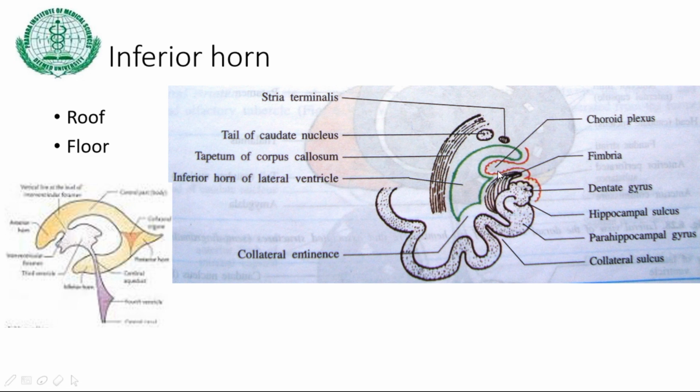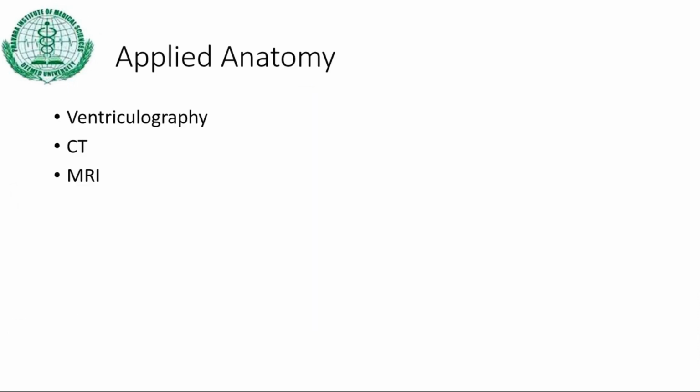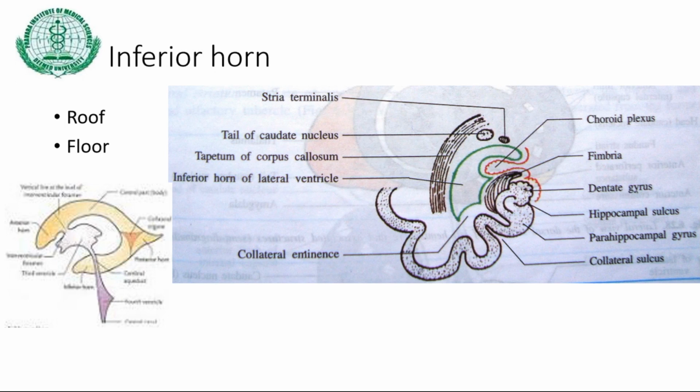Most medially lies the choroid plexus, which extends into the inferior horn through the choroid fissure. So this is the floor of the inferior horn of the lateral ventricle. The roof is formed by the tapetum laterally.